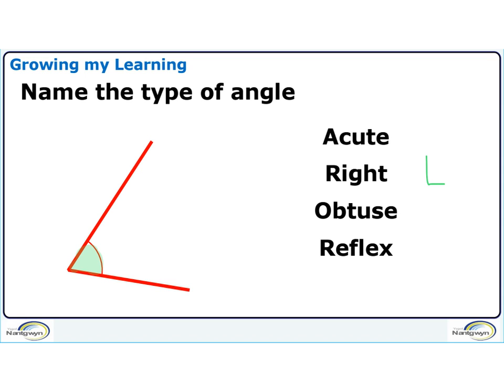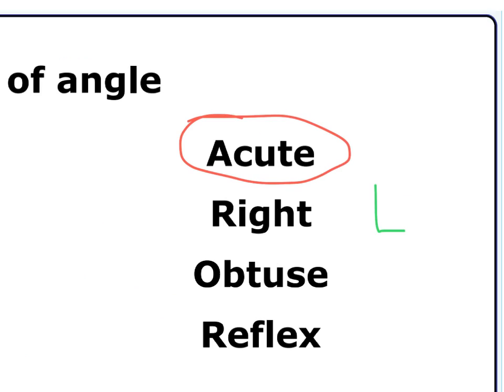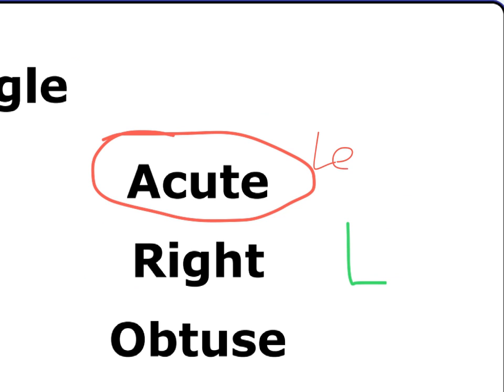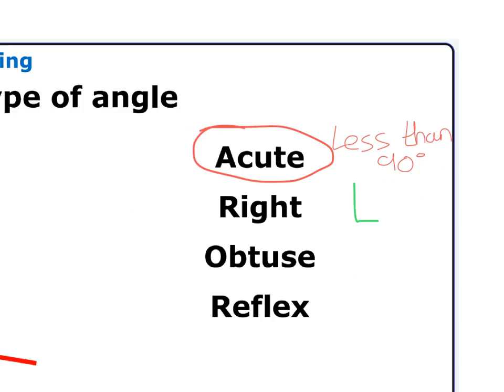It's smaller. So if it's less than 90 degrees, then we are now looking at an acute angle. Now, an acute angle is less than 90 degrees. So any angle smaller than 90 degrees is an acute angle.